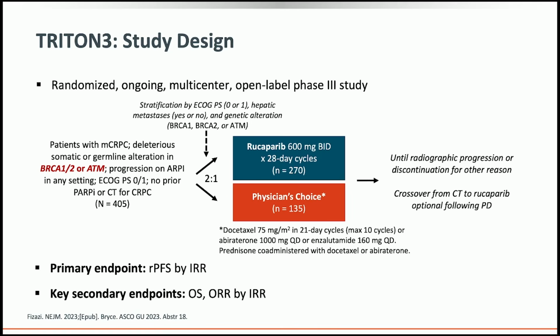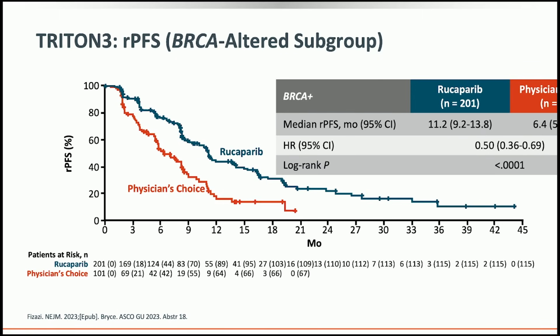So these patients were randomized to rucaparib at 600 or physician's choice. So this is pre-chemotherapy. So if we look at the BRCA-altered groups, we see a very, very nice trend. The hazard ratio for progression-free survival is 0.5. The median radiographic progression-free survival is about a 5-month difference in favor of rucaparib versus physician's choice, and that could either be taxane-based chemotherapy or a next-generation anti-androgen.